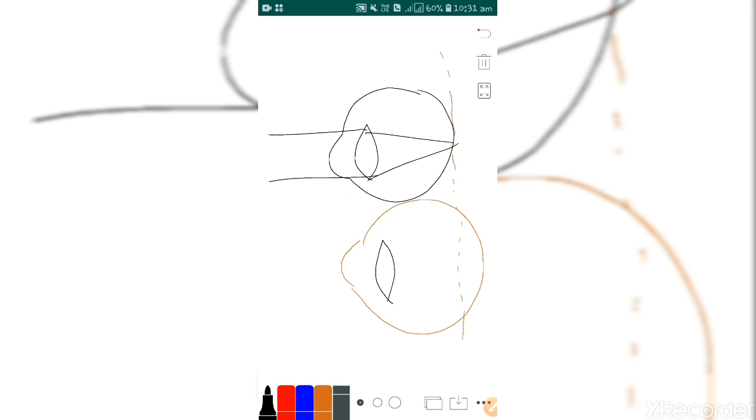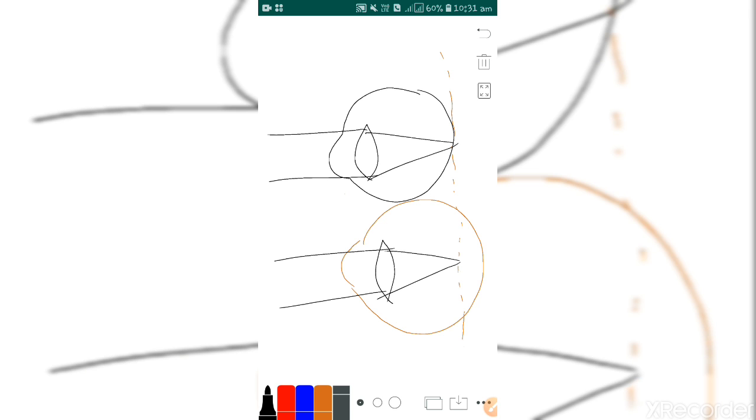When the light rays come from the farther objects, instead of getting focused on the retina, they are actually focused here, because the eye is being elongated. So the light is being focused in front of the retina in the defect myopia. That is also called short sightedness.